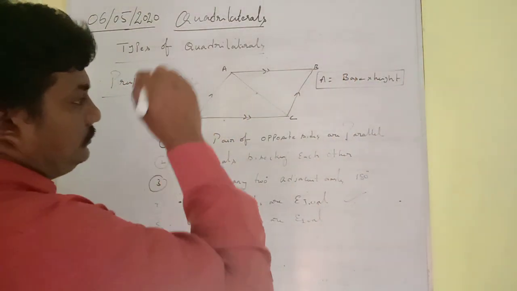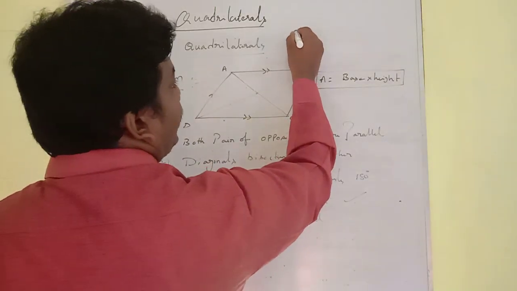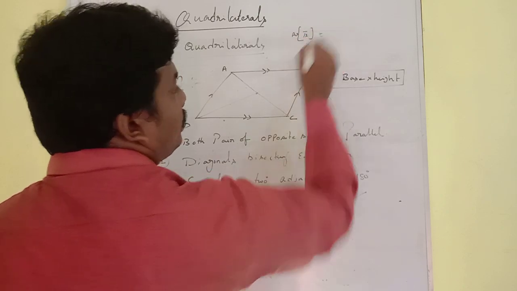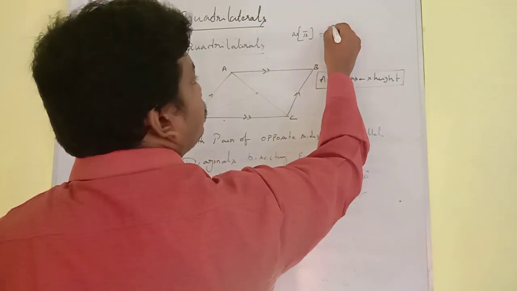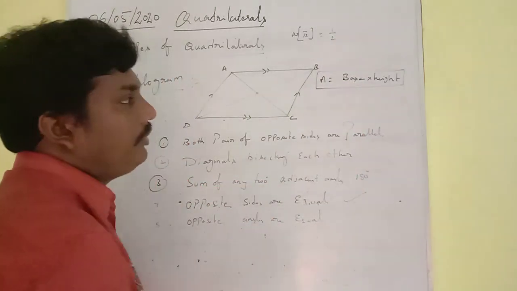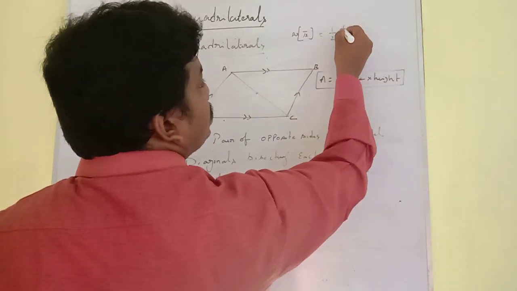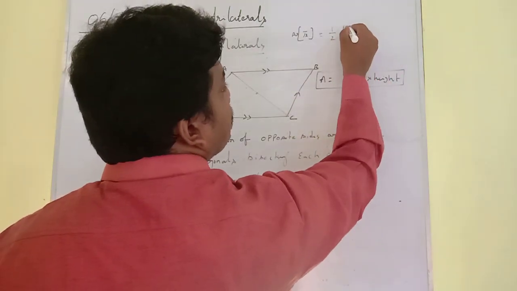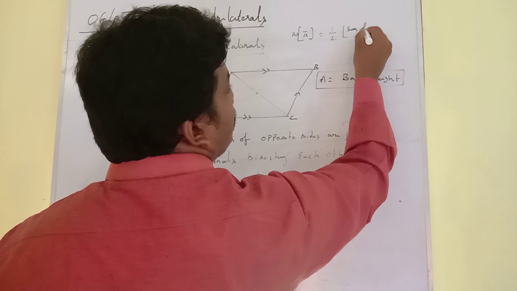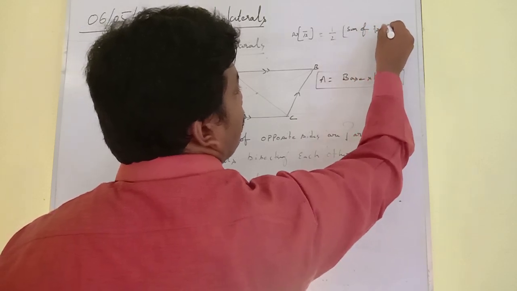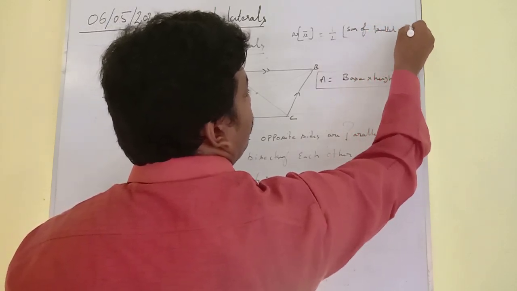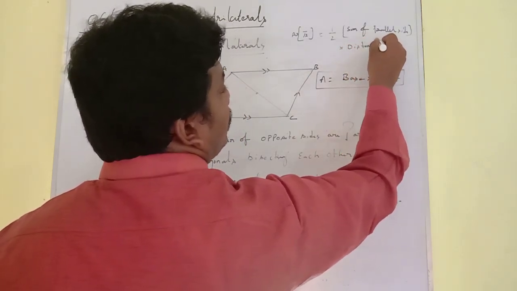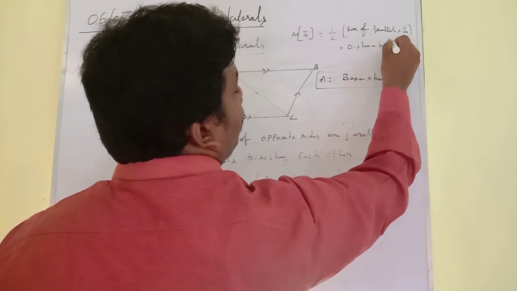Previously, what was the area of a trapezium? The area of a trapezium is equal to half into the sum of the parallel sides into the distance between the parallel sides.